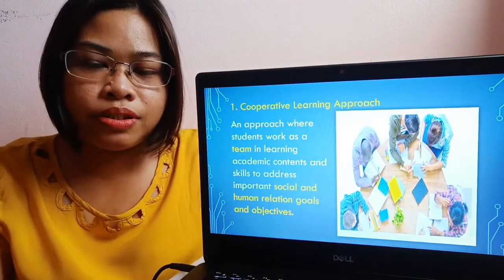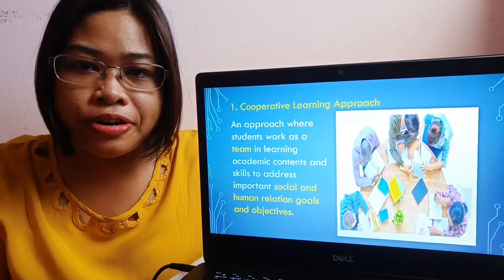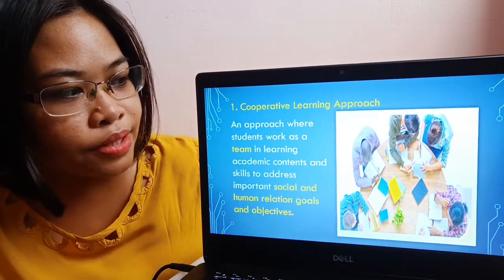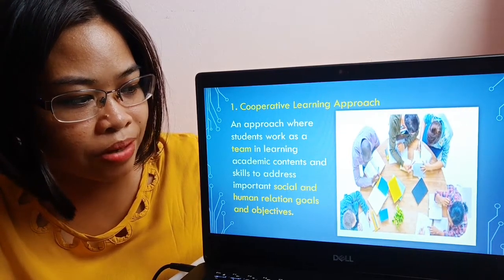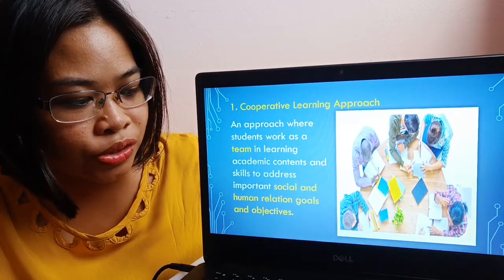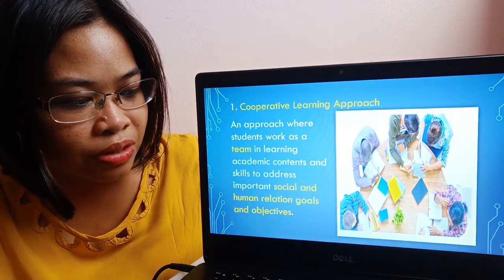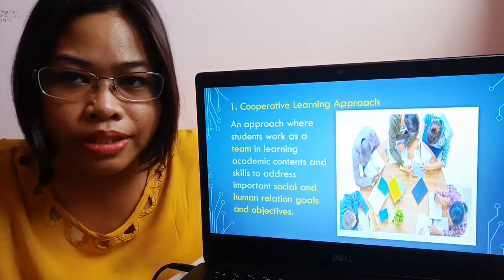Let's discuss first the cooperative learning approach. This is an approach where students work as a team in learning academic contents and skills to address important social and human relation goals and objectives.